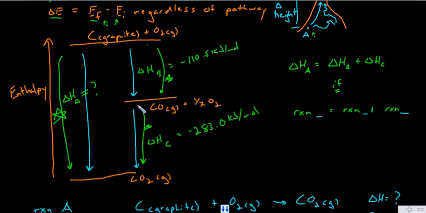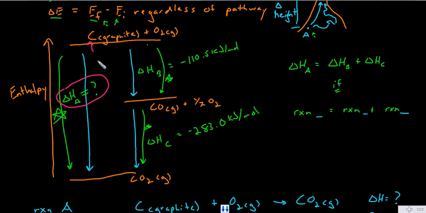And so what that means is we can add and subtract steps in a reaction to find the change in enthalpy of those individual steps. So for example, here we're looking for the change in enthalpy of turning carbon in its graphite form into carbon dioxide by reacting with one O2.